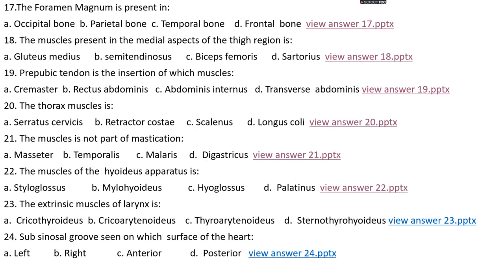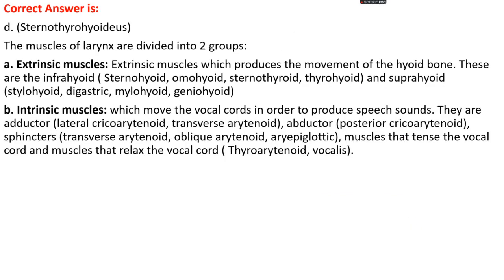Question number 23. The extrinsic muscle of the larynx is: option A, cricothyroideus; option B, cricoarytenoideus; option C, thyroarytenoideus; option D, sternothyrohyoideus. The right answer is option D, sternothyrohyoideus. The muscles of the larynx are divided into two groups, extrinsic muscles and intrinsic muscles.